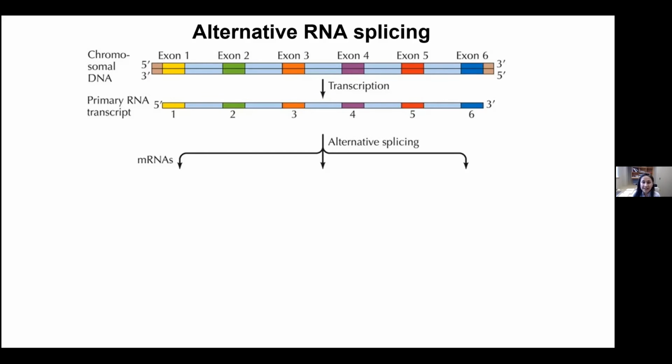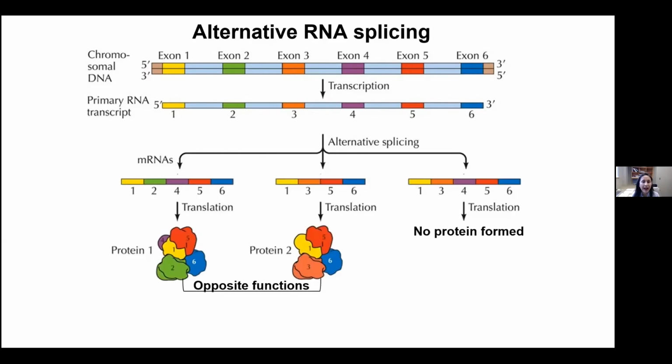And so basically what the cell does is to remove these introns by this process of RNA splicing. It's going to take out all of those blue introns, and it's going to generate different types of proteins based on the different combinations of these exons.